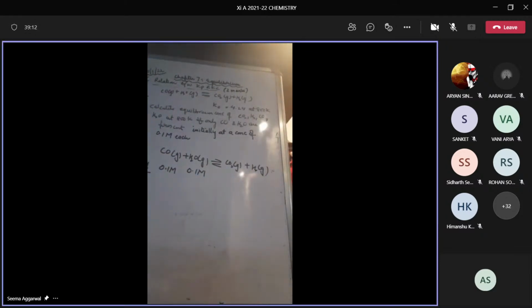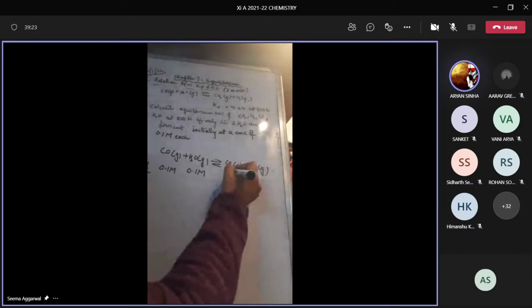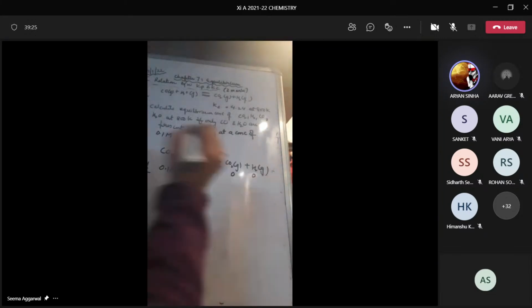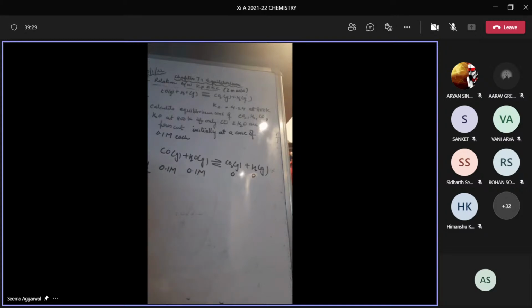Initial means we are taking only the reactants, so what about the concentration of products? It is 0. CO2 will be 0 and H2 will be 0. So the initial concentration of both products will be 0.